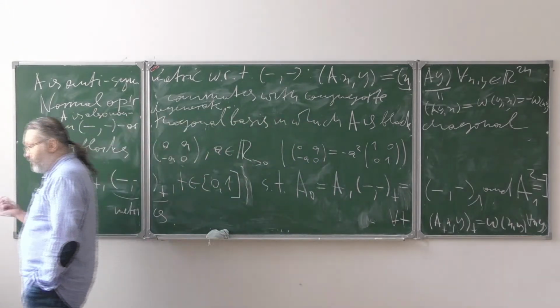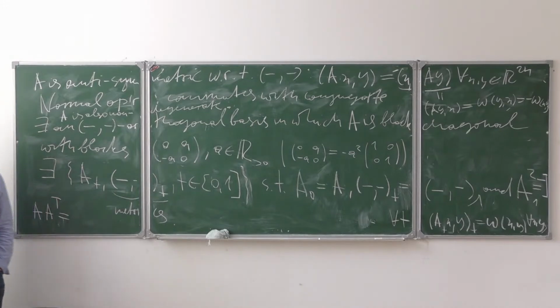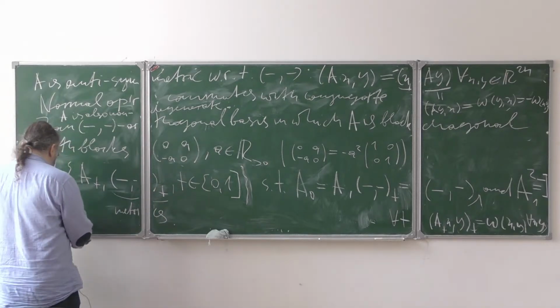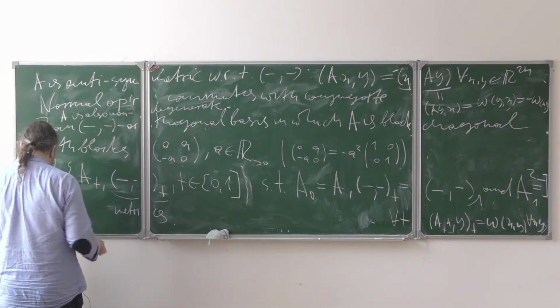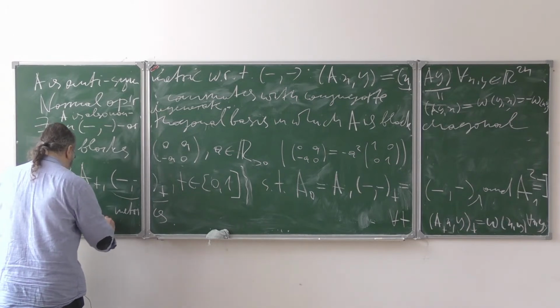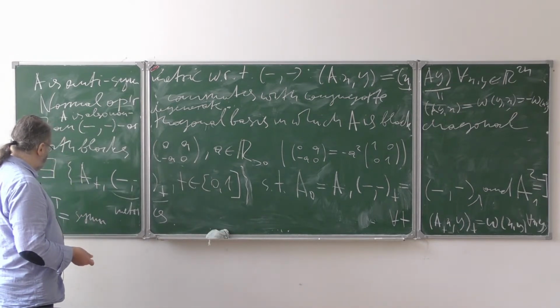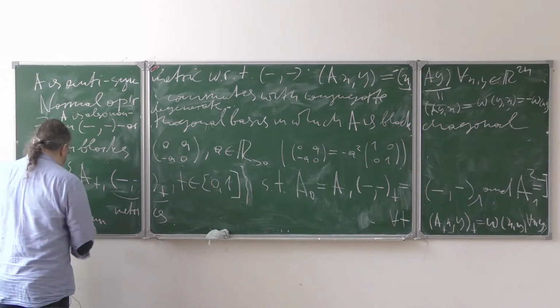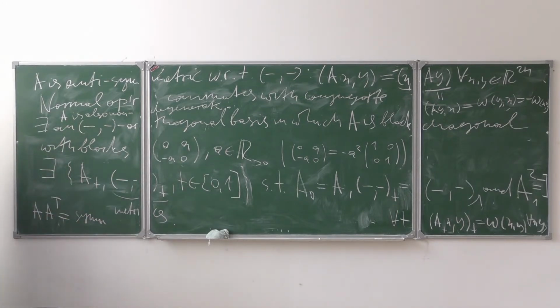For every operator, we can take the operator times the adjoint operator, and the result would be self-adjoint. Let me also multiply by minus 1.